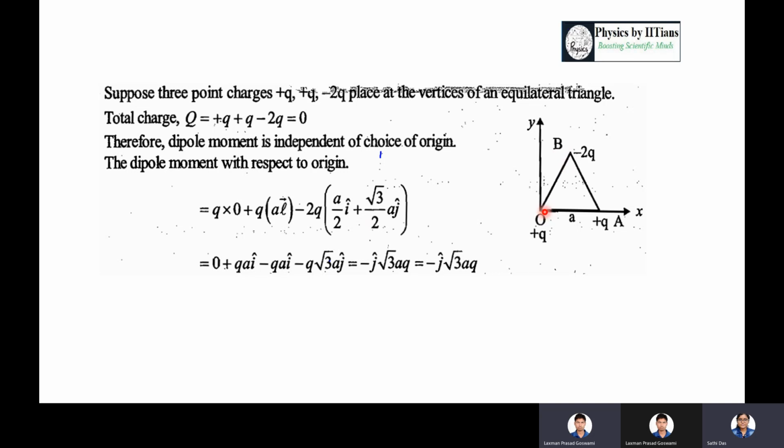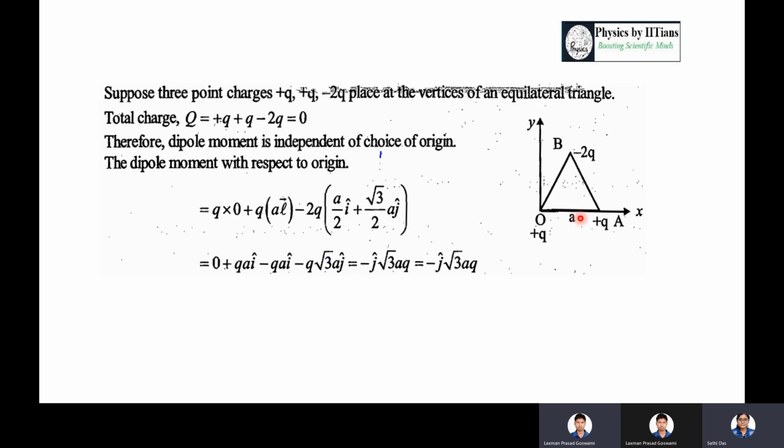For minus 2q you have to go along the x direction a by 2 and along the y direction this much. So what is the distance? This much is a by 2, this much is a, so this one you will get as root 3 by 2 a, and it will be along y, that is j cap.